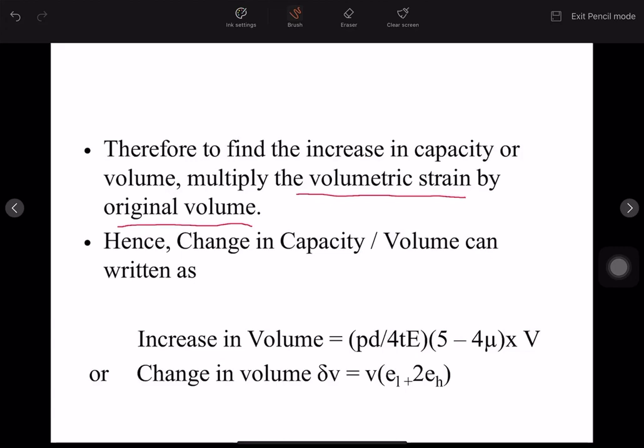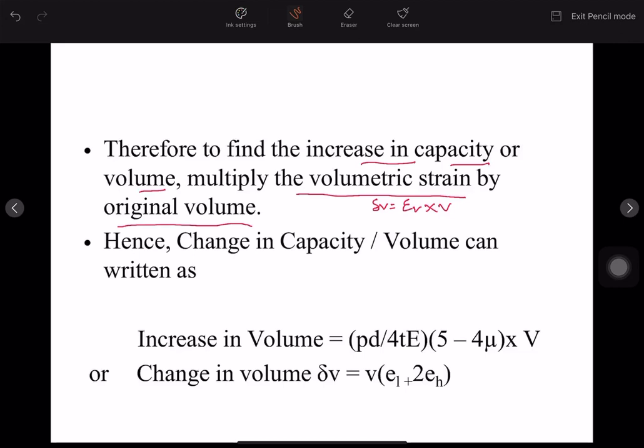So to find out the increase in capacity or volume, multiply the volumetric strain, nothing but epsilon V into V, will get change in volume, right?